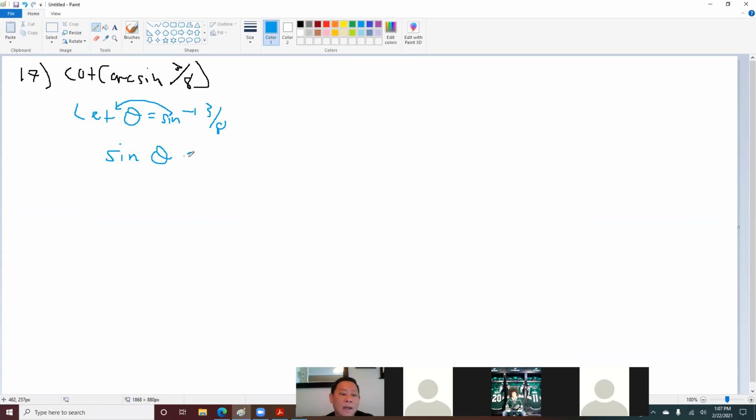So sine theta is 3/8. With this, you can draw your triangle and apply SOHCAHTOA. Anyone know which one is 3 and which one is 8? 3 is your opposite, and 8 is your hypotenuse.